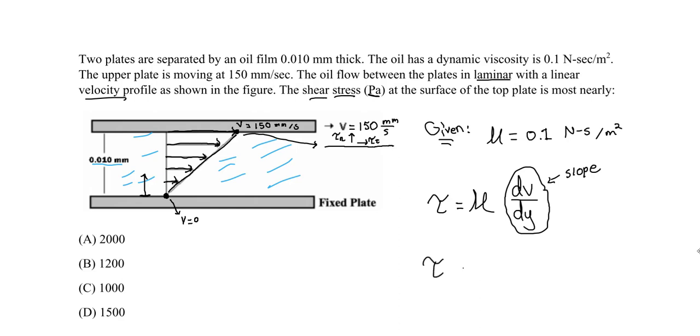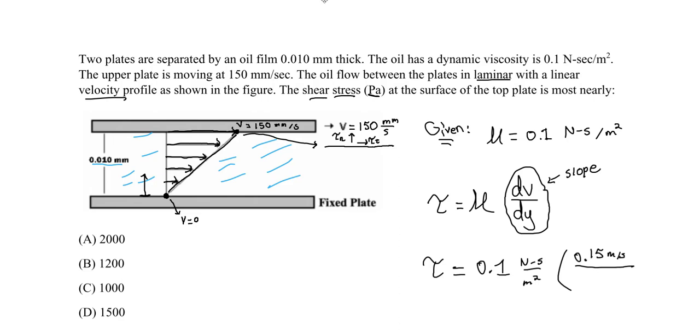So the shear stress is going to equal our mu, which is 0.1 Newton second per meter squared, times our velocity. The velocity is given to be 150 millimeter per second. Oh, sorry, you have to convert that to meters. So to convert 150 millimeters, you just divide by 1,000, or you move the decimal place 3 to the left. So it's 0.15 meter per second.